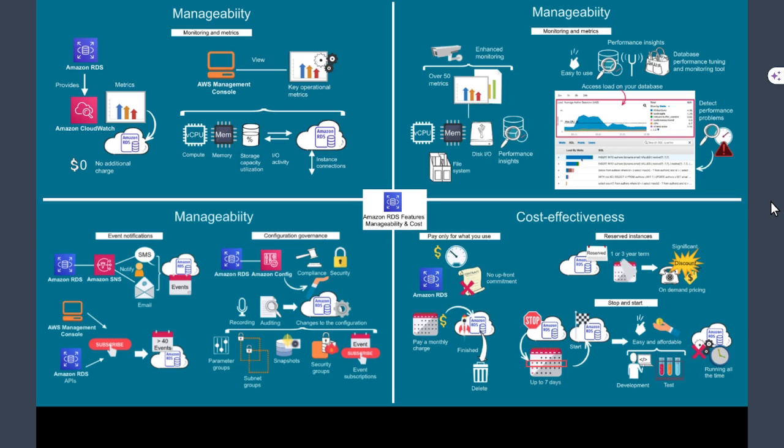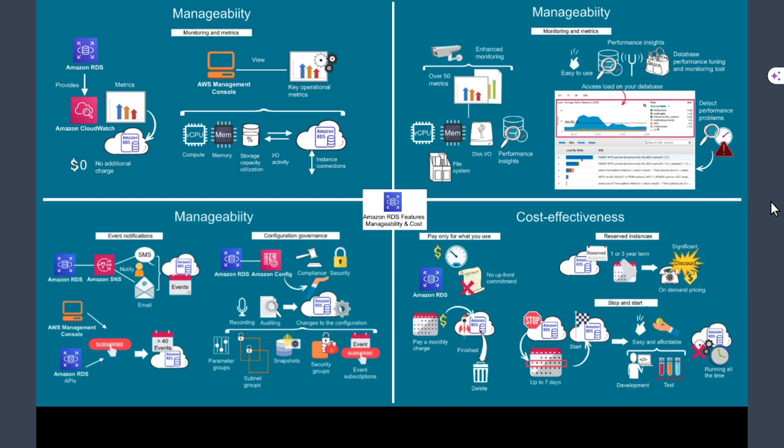Okay, great. We have also seen how Amazon RDS provides us manageability, where we can manage our database with different options, and we also have cost effectiveness, how we can decrease our cost. Resources can be automatically released if there is no need for them, and a lot more.